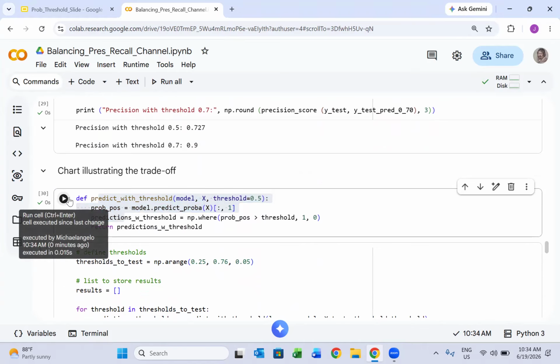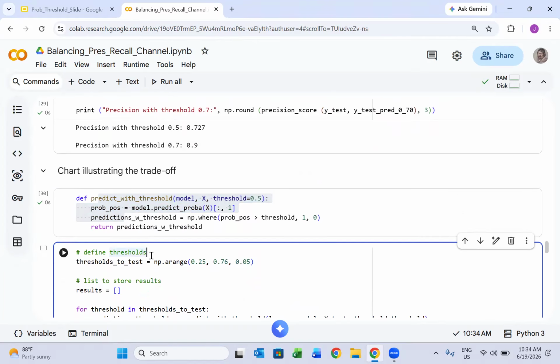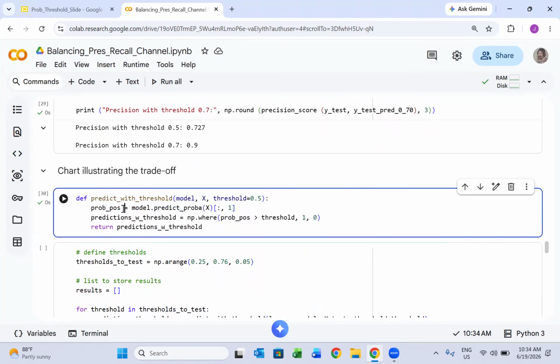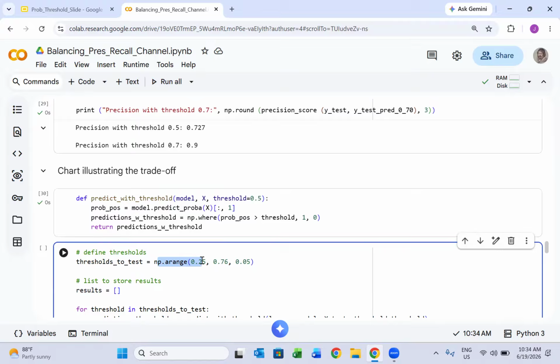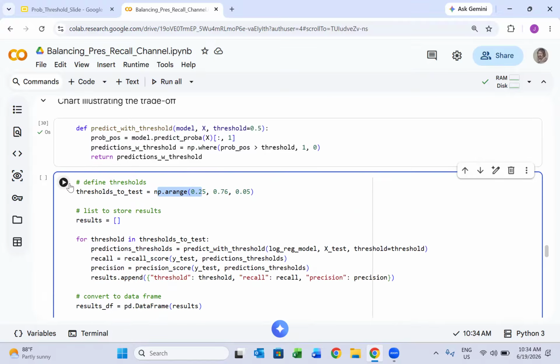That function just facilitates the calculations I need to get the chart done. Given a threshold, it gives me the predictions for that threshold. Using that function, we can loop through many different thresholds and get the following chart.